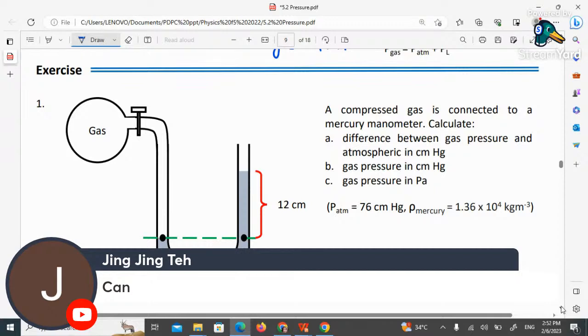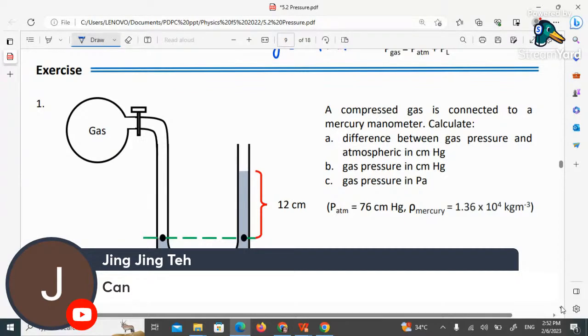Number 1, a compressed gas is connected to a mercury manometer. A, calculate the difference between gas pressure and atmospheric pressure in cm mercury. B, gas pressure in cm mercury.